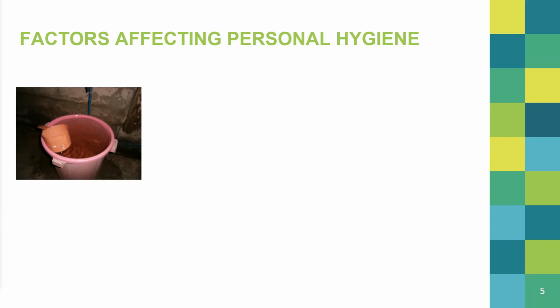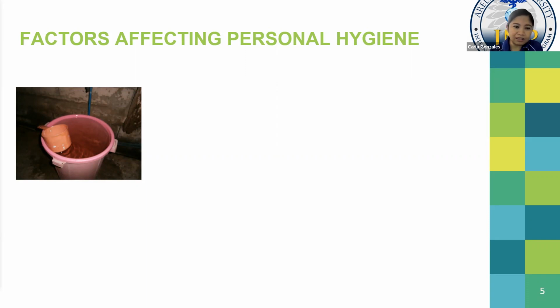First thing that comes to mind is cold water po. Cold water. Okay. What else? I think the environment. Okay. So you look at the picture. It's a timba and a tabo, a pail and a water dipper.